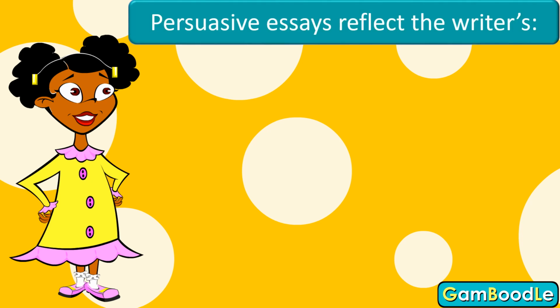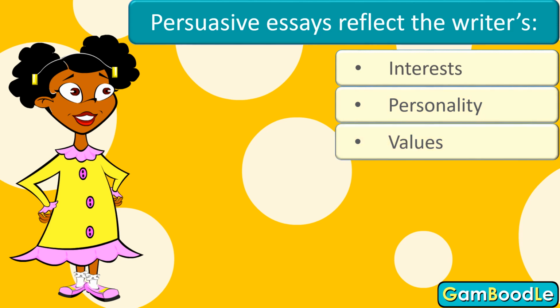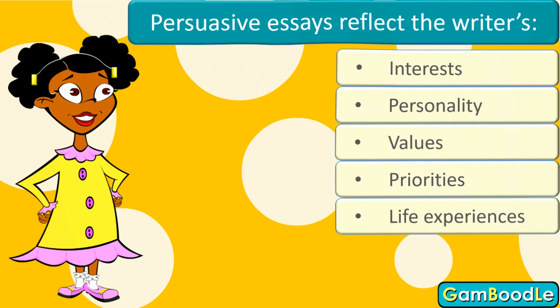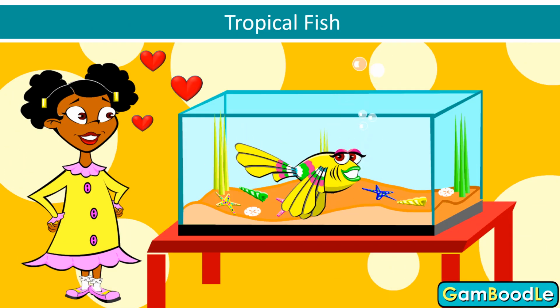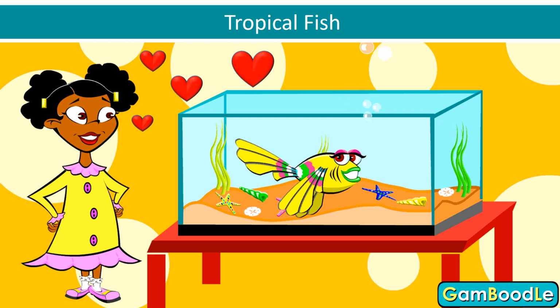A persuasive essay can, and often does, reflect the interests, personality, values, priorities, and life experiences of its writer. For example, let's suppose that you cultivated a keen interest in tropical fish when you became a part-time caregiver for your sick aunt and her aquarium.